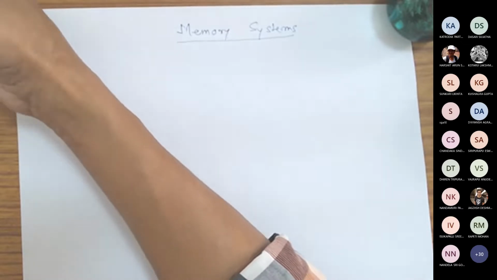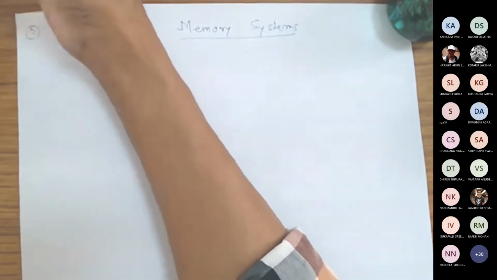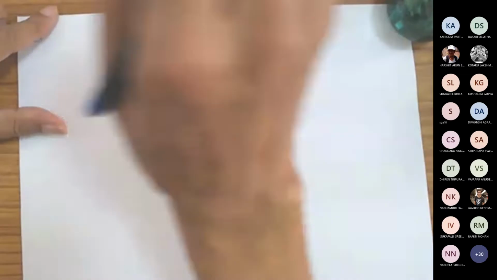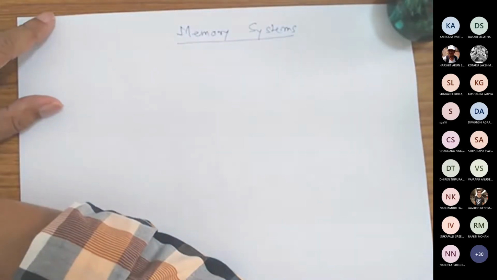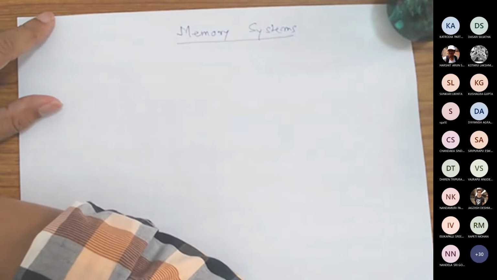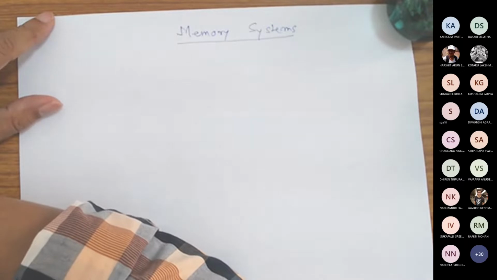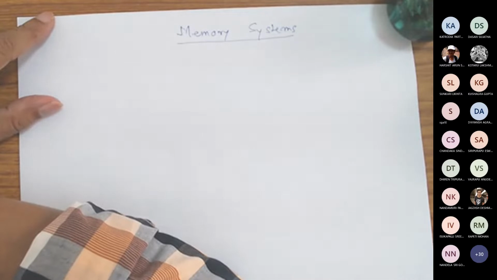But other than the processor, if you remember when we started the course, we told you that as per the von Neumann architecture or even modern architecture, the programs need to be stored inside a block which may be inside the processor, may not be inside the processor.